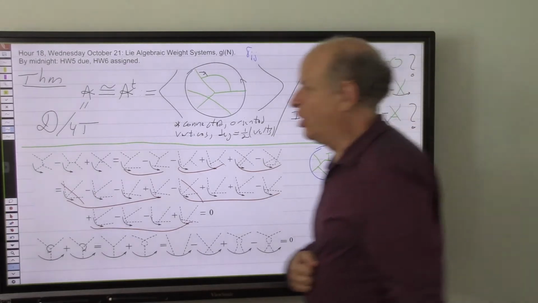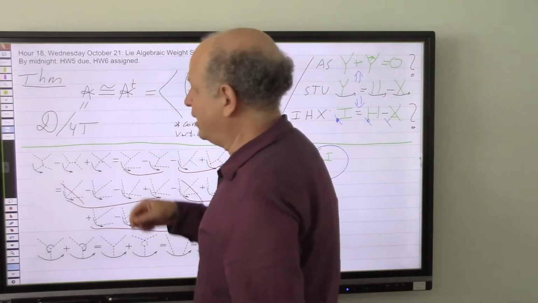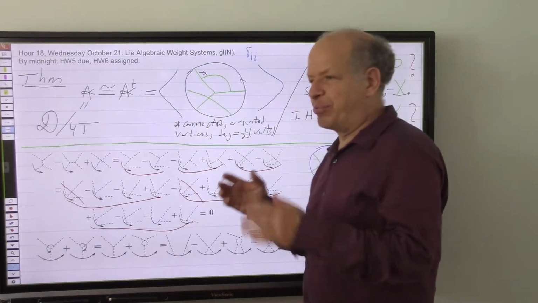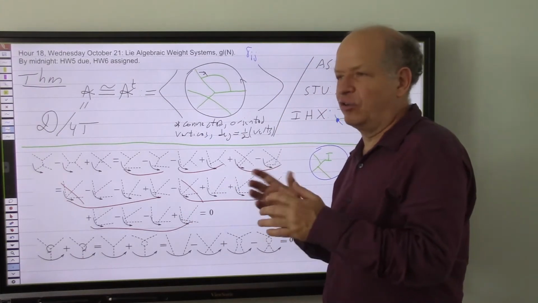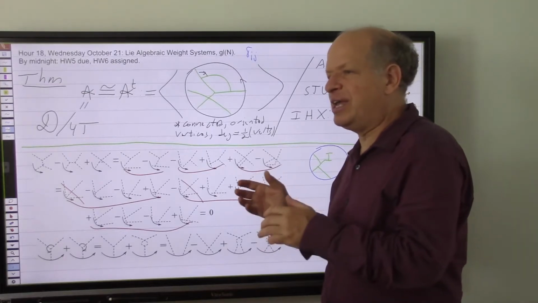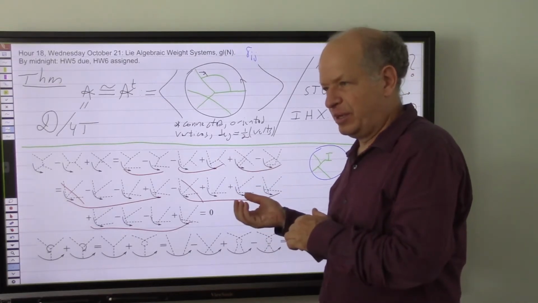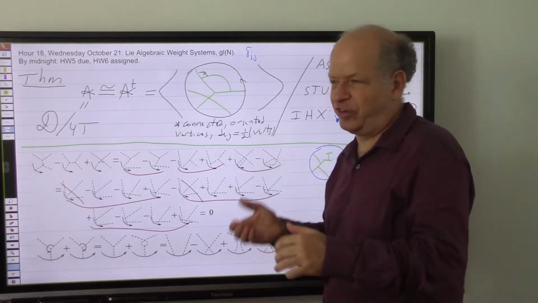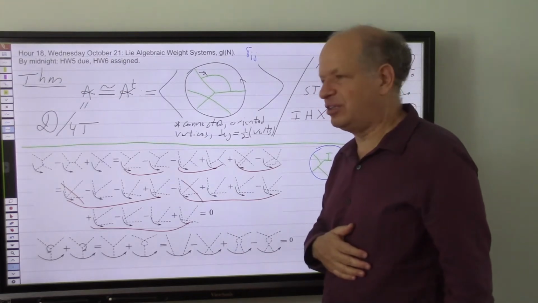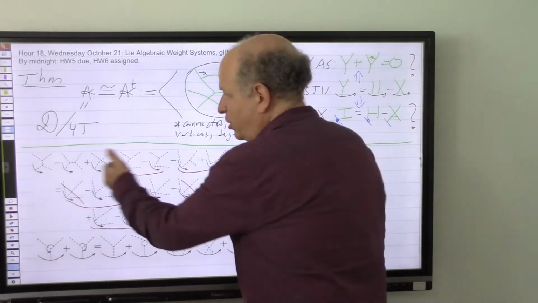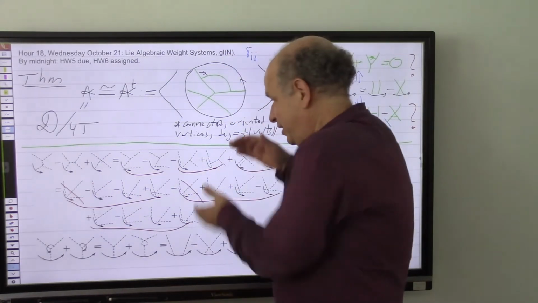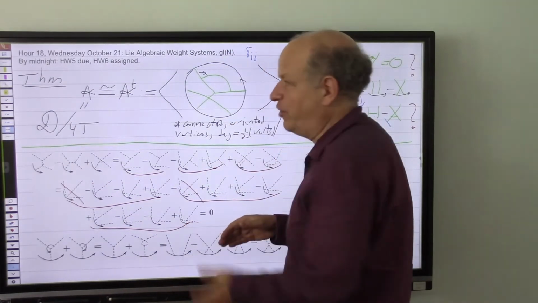At some point I checked that the bracket, defined as the bracket of A and B is equal to AB minus BA, satisfies the Jacobi identity. And if you look at this very carefully, this is exactly what is being verified here.